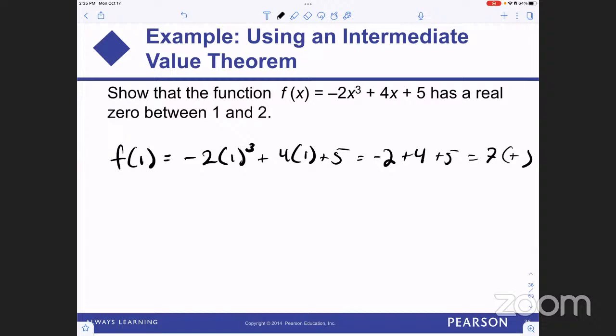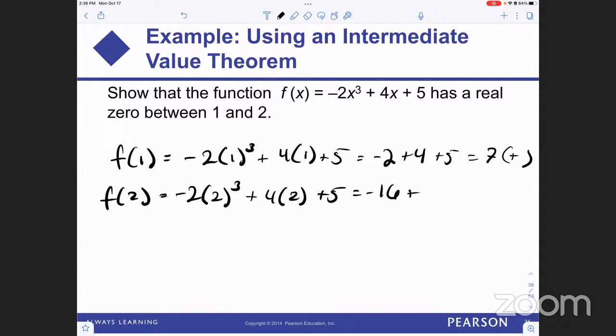And then if we consider f of 2, -2 times 2 cubed plus 4 times 2 plus 5, 16, so -16 plus 8 plus 5.